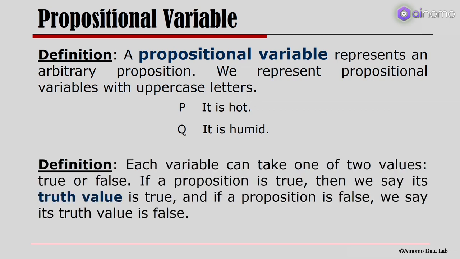Each variable can take one of two values. That is, the variable can be either true or false. If a proposition is true, then we say that its truth value is true, and if a proposition is false, we say its truth value is false.